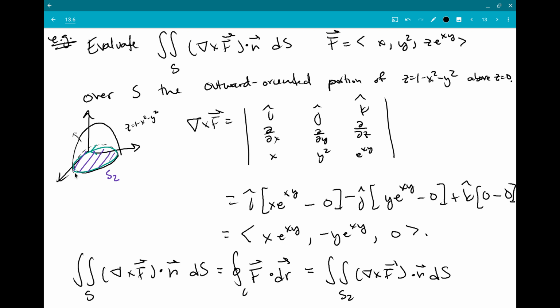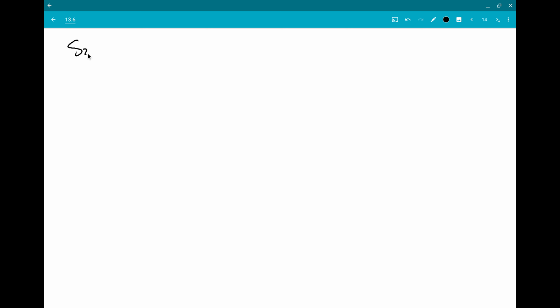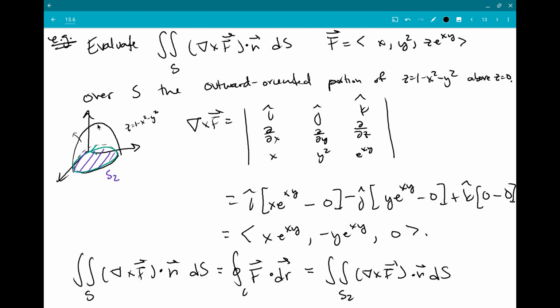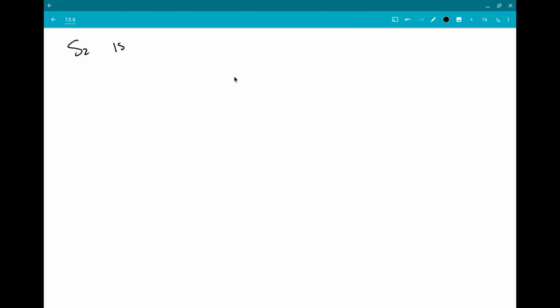The reason I would want to do this whole circular argument is because S2, the purple thing I just shaded in, is flat. It has normal vector 0, 0, 1.